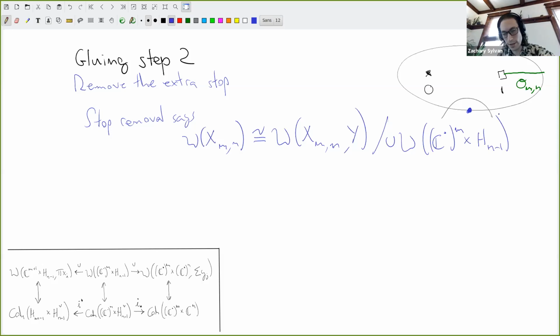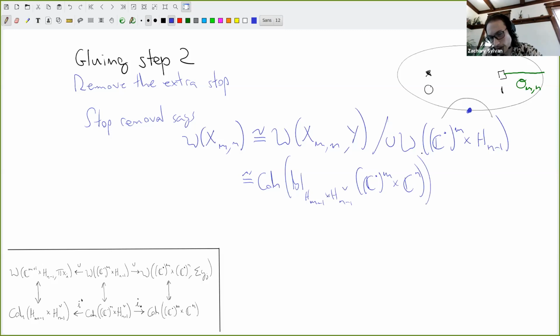Okay, and now again, I can apply mirror symmetry. So this is Coh of this blowup along H M minus 1 cross H N minus 1 check of C star to the M cross C^n, and quotienting by, well, I'll just do it in 2 steps, modulo some push forward of Coh of C star to the M cross H N minus 1 check.